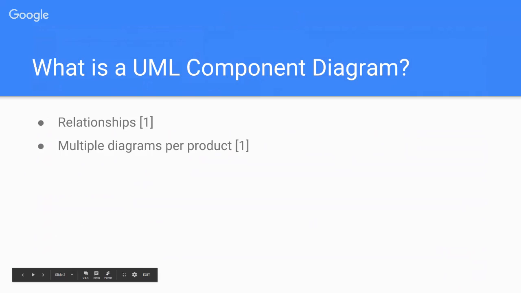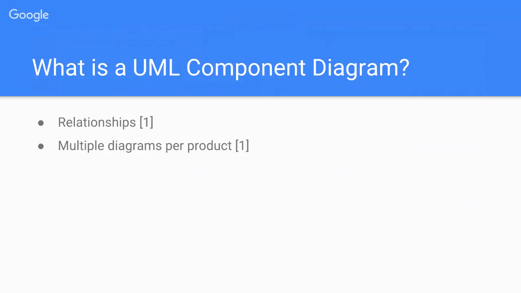And then the diagram itself, as I just mentioned, is made up of these components. Essentially, the UML component diagram is a description of the relationship between the components in the product itself. For example, there can be multiple UML component diagrams within a product.